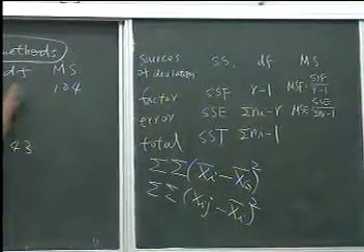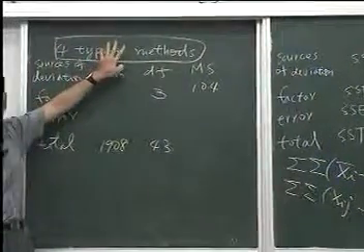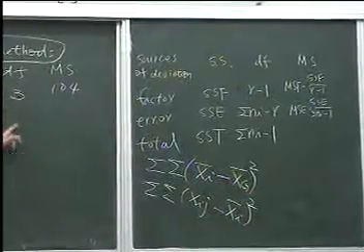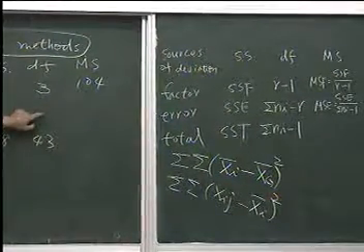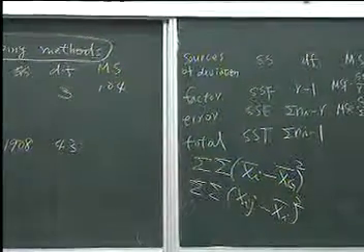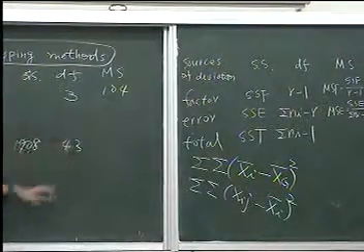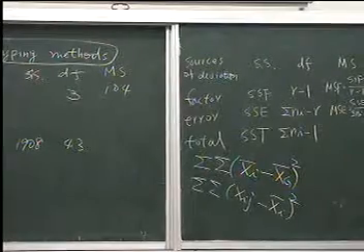It should be 3, right? Because there are 4 machines, 4 different types, so it should be R minus 1, right? Then what should be this number here? How much is it?